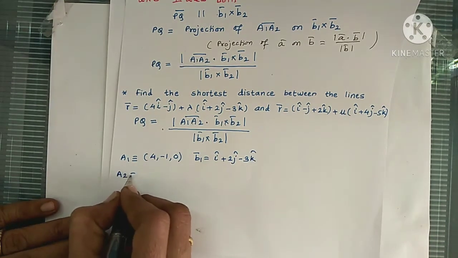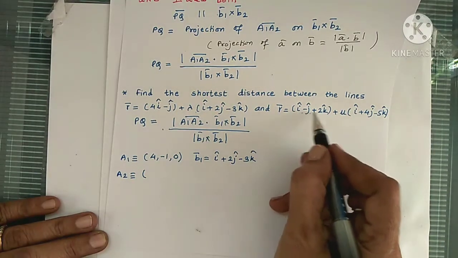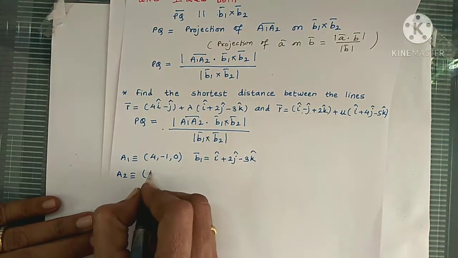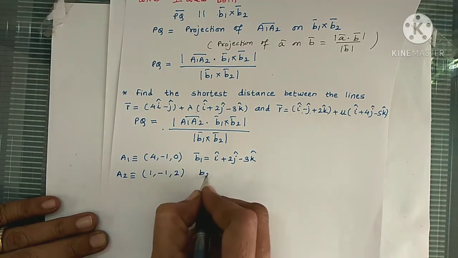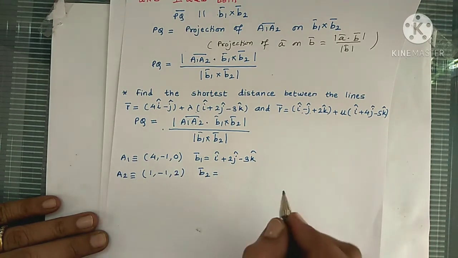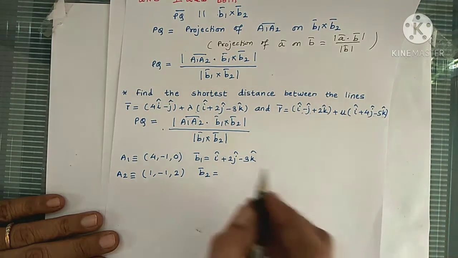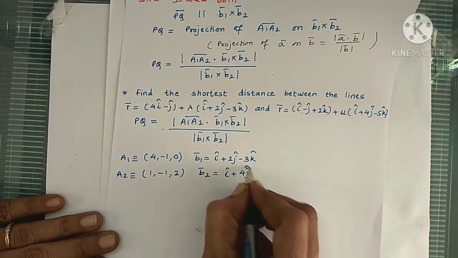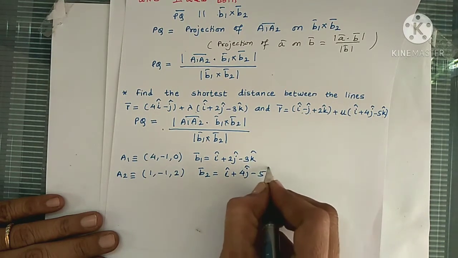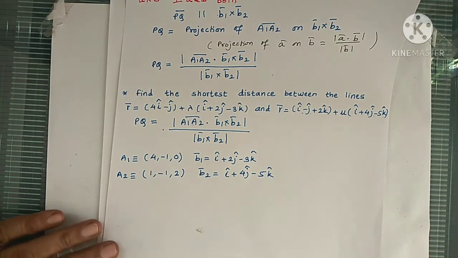Similarly, point A2 is point on second line, that is i minus j plus 2k. That means the coordinates are 1, minus 1, 2. And direction ratios or the vector parallel to second line is i plus 4j minus 5k. So i plus 4j minus 5k is B2 bar. So now we have those points A1, A2 and the vectors B1 bar and B2 bar.